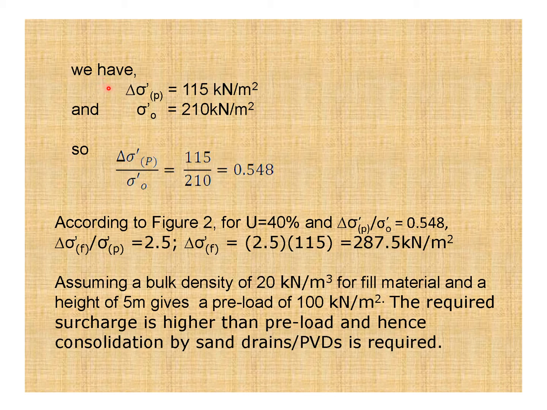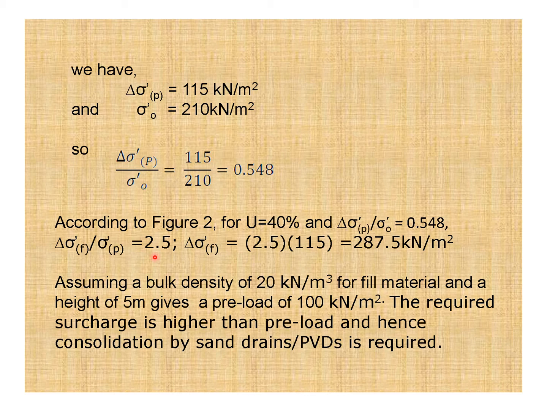We have delta sigma dash P, that is 115 kilonewton per square meter, and the overburden pressure, that is sigma dash naught, that is 210 kilonewton per square meter. So the ratio is obviously 0.548. So according to figure, for U equal to 40% and delta sigma dash P over sigma dash naught, that is 0.548, you can get delta sigma dash F over delta sigma dash P, that is 2.5.